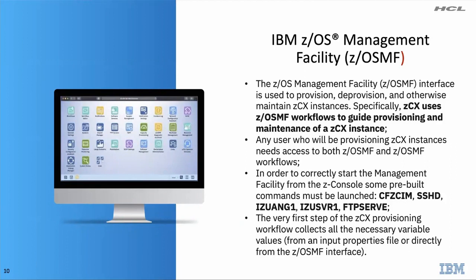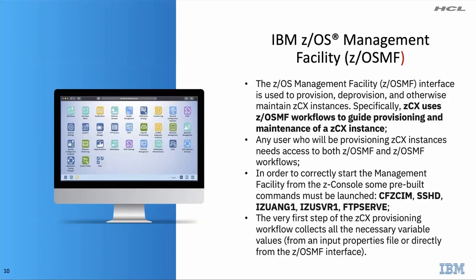There are a few commands that you must issue from the Z console to start the management facility. I'm just referring here to some commands, but you can find all of these documented in the z/OS MF components. So the very first step of the zCX provisioning workflow is used to collect all the necessary variable values.